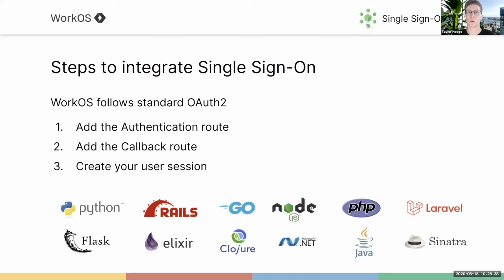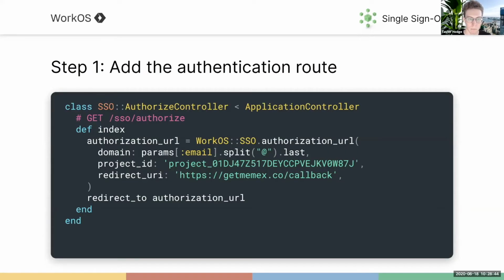And so with that, let's take a closer look at each of these 3 steps required for integration. So step 1 here is to add our authentication route. Essentially what we're doing here is constructing a class that's going to set up this authorize endpoint.